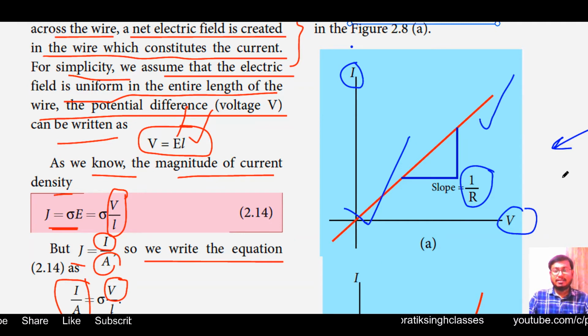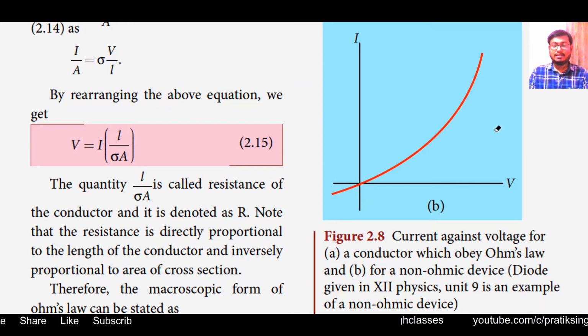There are many other conductors, like semiconductors or superconductors, which do not follow Ohm's law. In that situation, the graph will be parabolic. We will see that later. As you can see in figure 2.8b, the graph between V and I is a parabola.